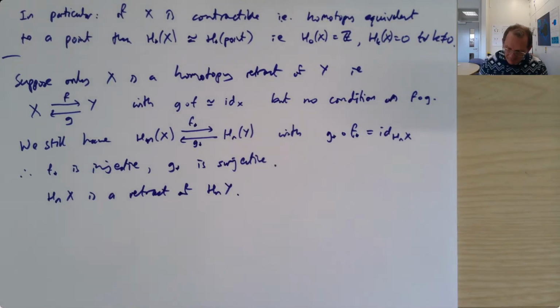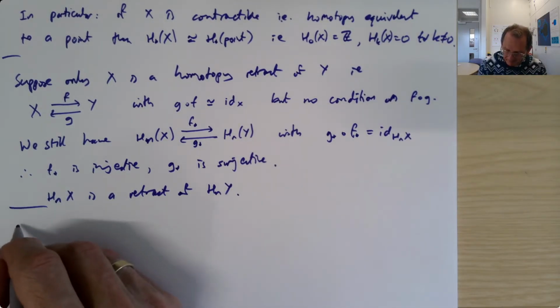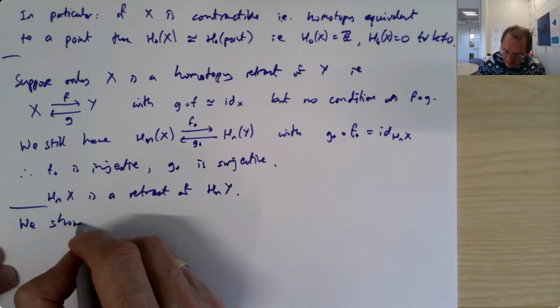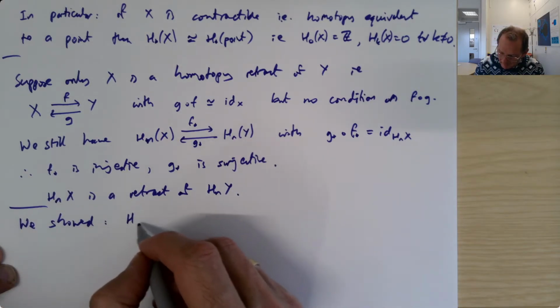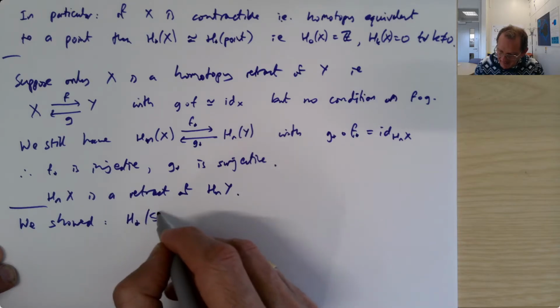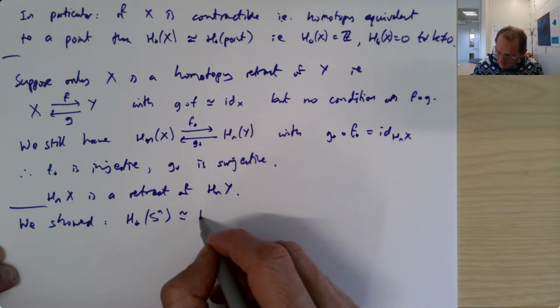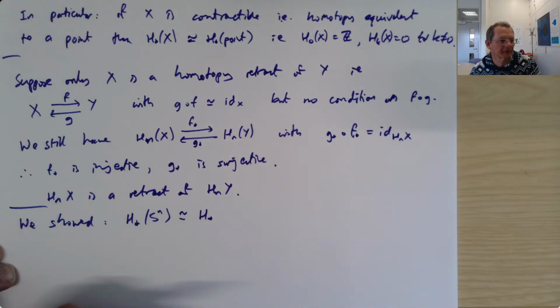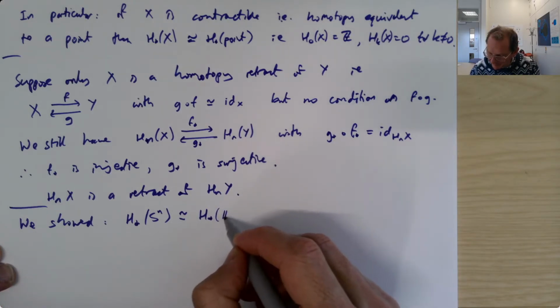Oh, and then let's also recall the homology of S^n. So S^n is homotopy equivalent to R^(n+1) with 0 removed, so it's the same thing.